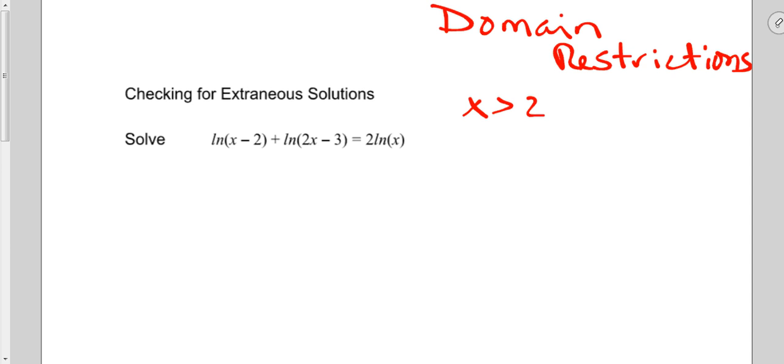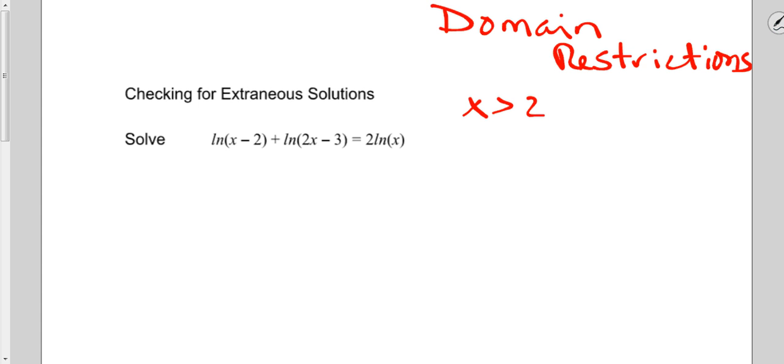Remember, I have to justify it with the property, right? Tell me more, Dawson. So what do I write for the next line? What do I write for the next line if I'm using the product property, Ben? Remember, this plus this means I can write it in one natural log, right?